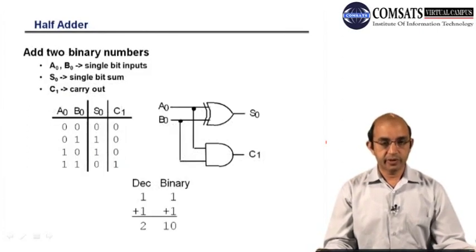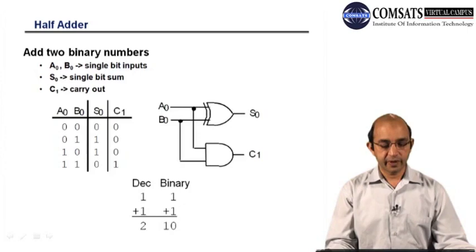So let's talk about the adders, because when we talk about the computer system, there are certain operations that this computer system can perform, and addition is one of the operations. So we will start from the half adder.